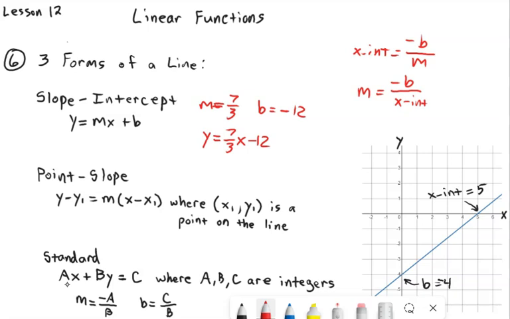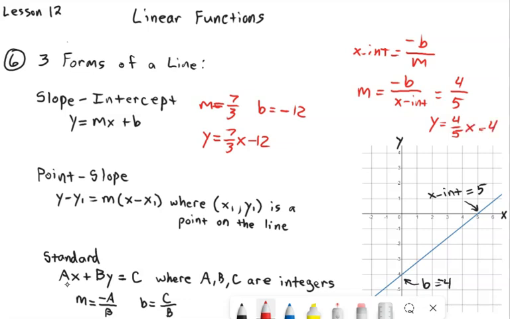This is just another way of finding slope. In this situation down here, the y-intercept is negative 4, so negative 4 becomes 4, and the x-intercept is 5, so we know that the slope of this function is 4/5. We also know that the y-intercept is negative 4, and so the equation of this line is y equals 4/5 x minus 4.